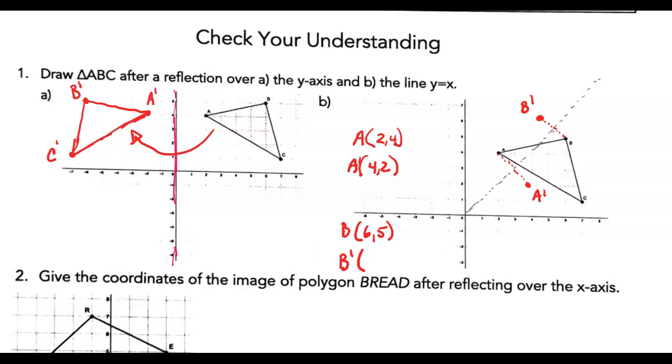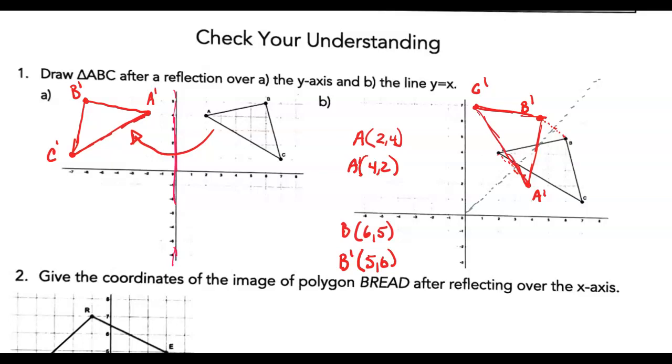It looks like I'm a little bit off, but it should be 5, 6. So you can see here for A, they just flip-flop, and for B, they just flip-flop. So now for point C, since C is 7, 1, we're going to go 1, 7 to locate point C prime. And again, this would be easier if the graph wasn't so faded. But this is what it's going to look like when we reflect it over this diagonal line.